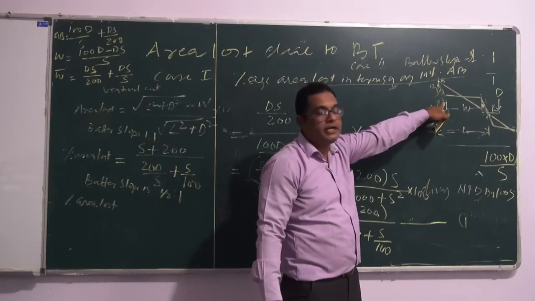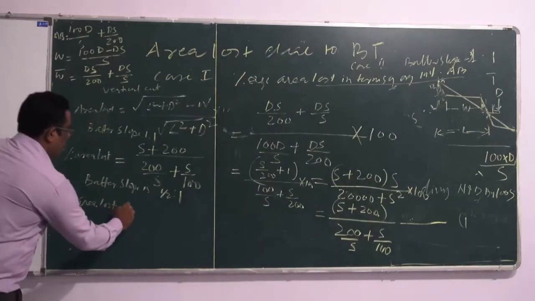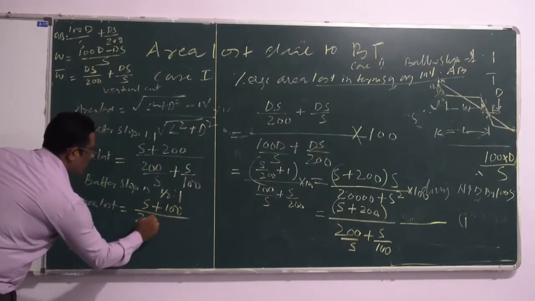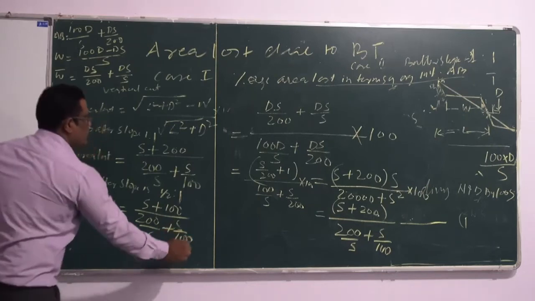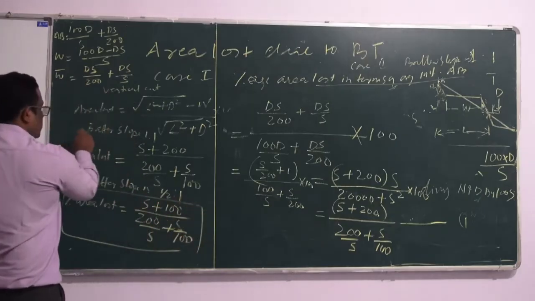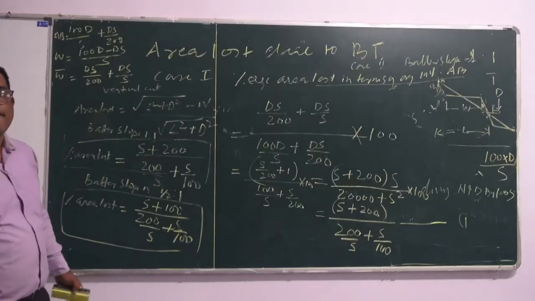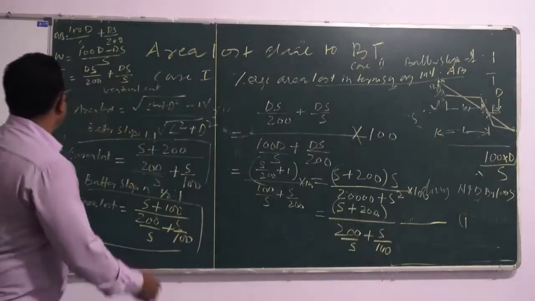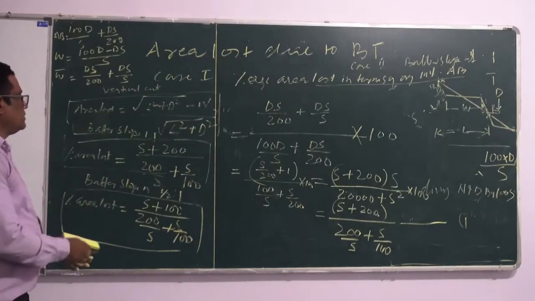So doing the same derivation, it will come out as S plus 100 by 200 by S plus S by 2. So you can also do it for half is to 1 as a practical assignment. This is the area loss for vertical cut.